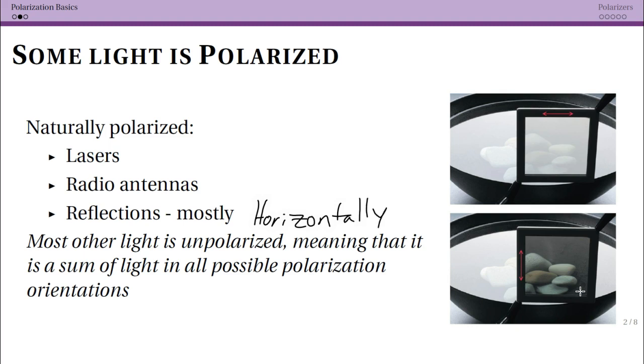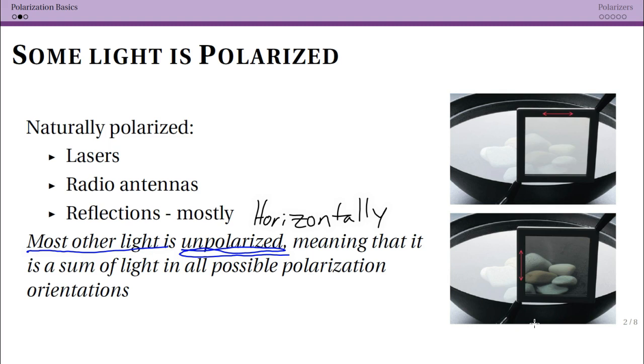And so one of the most interesting applications of polarization is the idea of polarized sunglasses, which serve to block some of these reflections. Now, the important thing to recognize is that most light is actually unpolarized. And so in many situations, you're going to have to account for the unpolarized light before it enters your polarizer. Now, unpolarized light just means that it's a sum of light that comes in all possible polarization orientations.